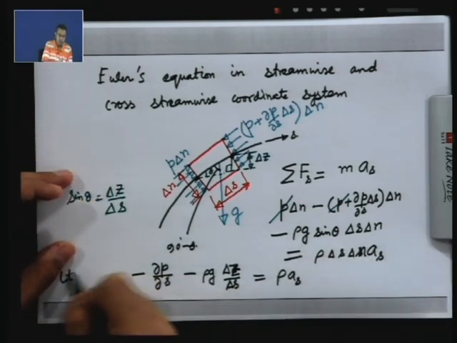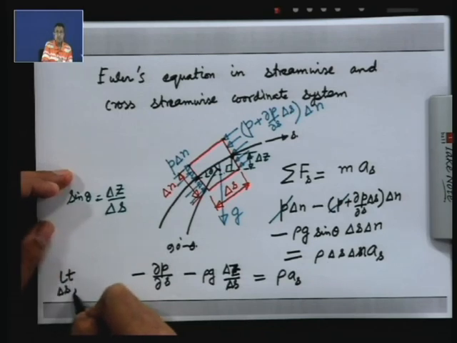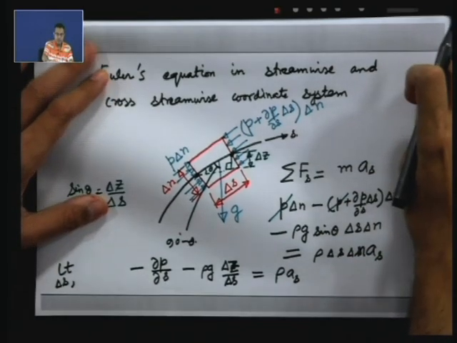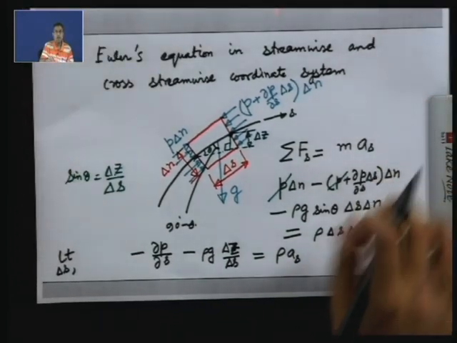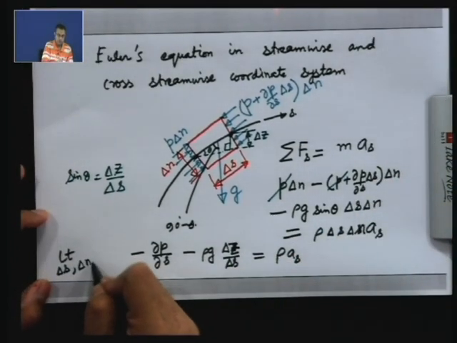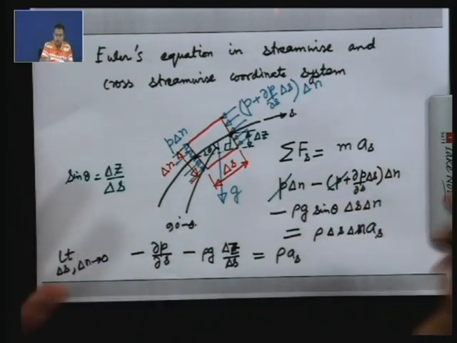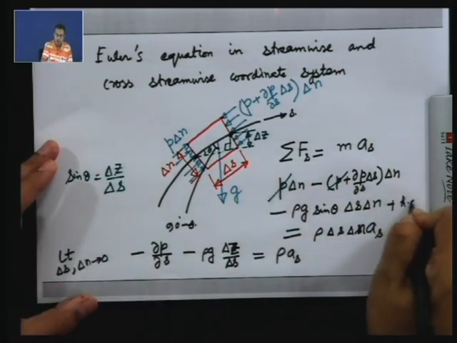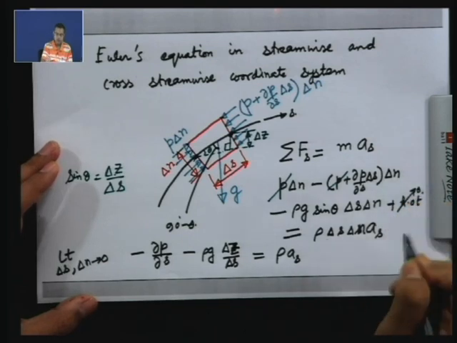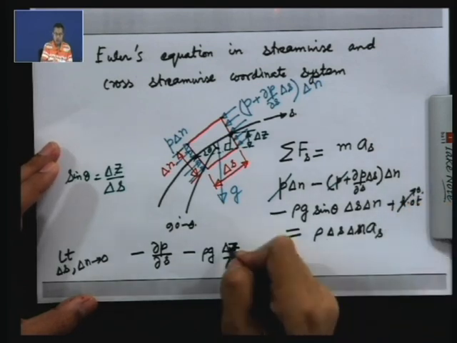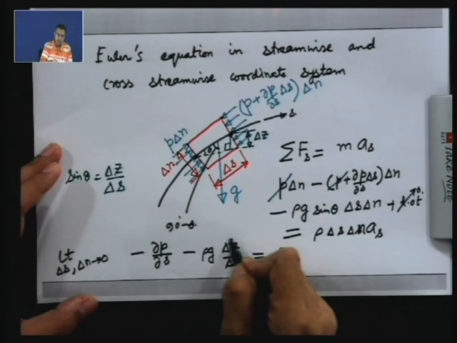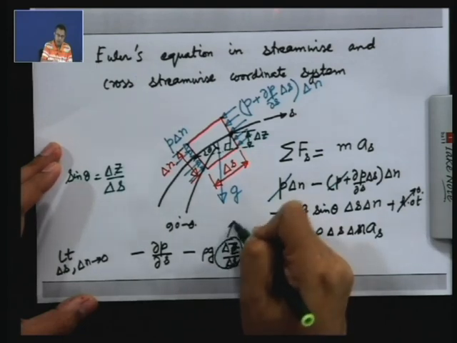Now you take the limit as delta s and delta n tend to 0. If you take the limit as delta s and delta n tend to 0, then the higher order terms which were there will go away. That is the first observation. And the second observation is that delta z by delta s will become del z del s.